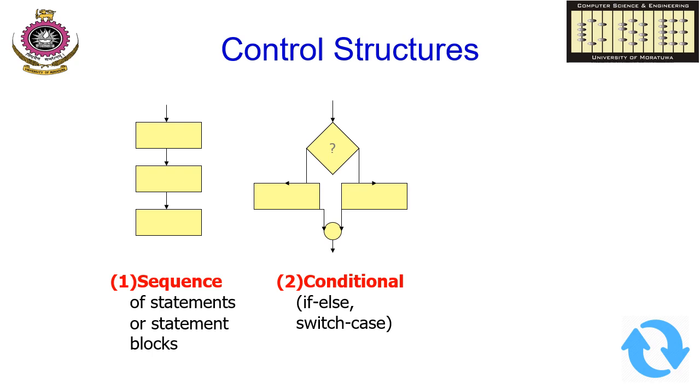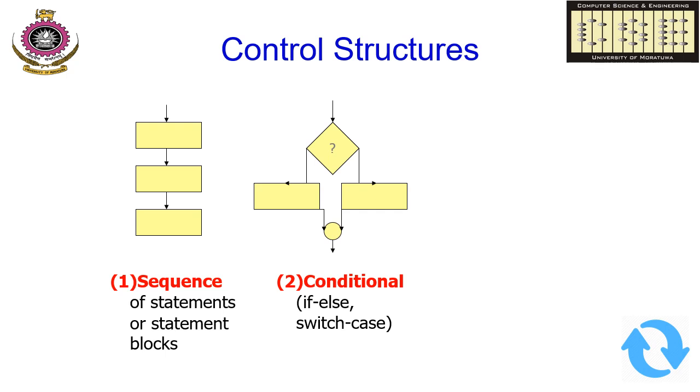And also during the recent lessons that we have learned, you have also seen conditional structures. For example, if else or switch case structures. So this branches out. There's a condition that you check, depending on the input.